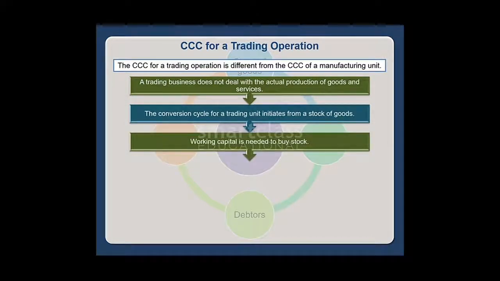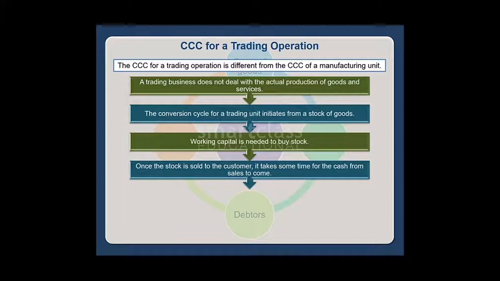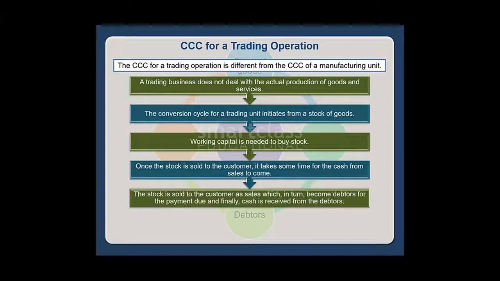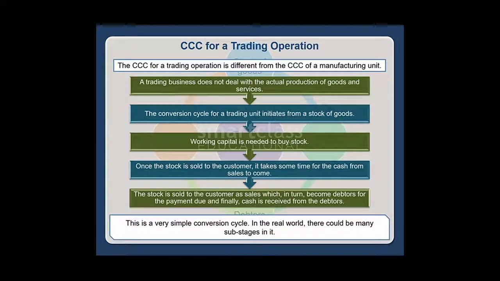Working capital is needed to buy stock. Once the stock is sold to the customer, it takes some time for the cash from sales to come. The stock is sold to the customer as sales, which in turn become debtors for the payment due, and finally, cash is received from the debtors. This is a very simple conversion cycle. In the real world, there could be many sub-stages in it.